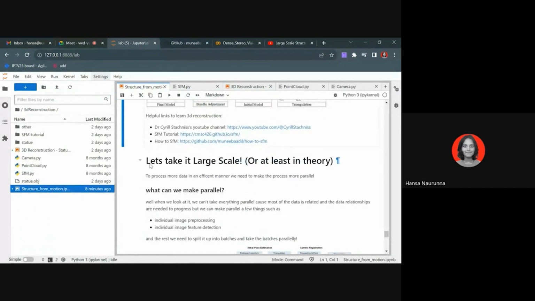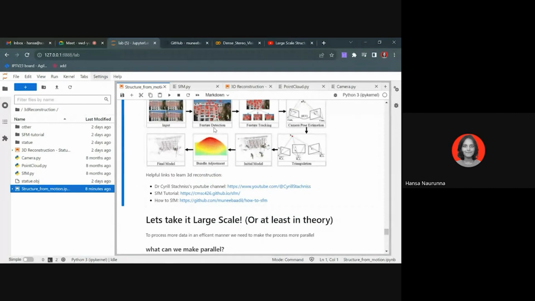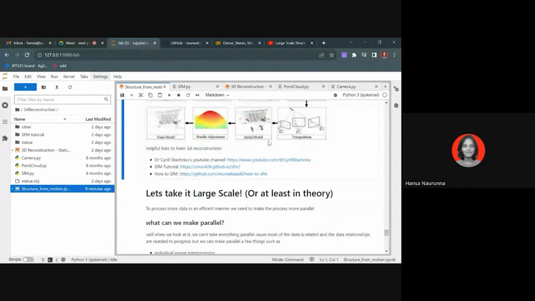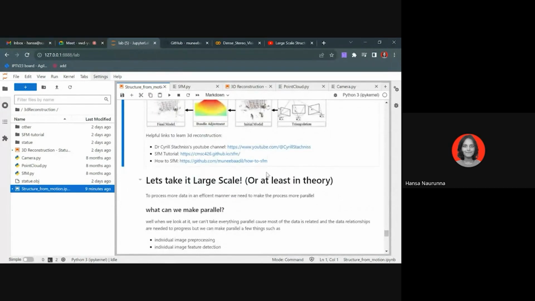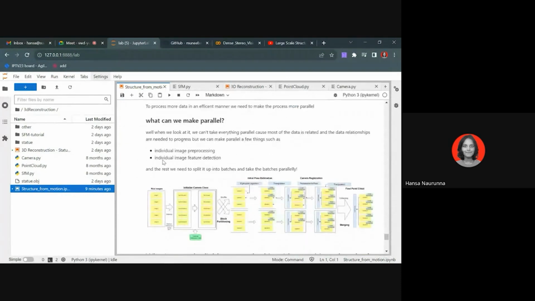Over here it says, let's take it large scale, right? In theory, we have all these little bits, and what we're trying to do here is take them from these tiny processes and be able to do them in a much more parallel way. So let's take it to scale. What can we technically make parallel really easily?